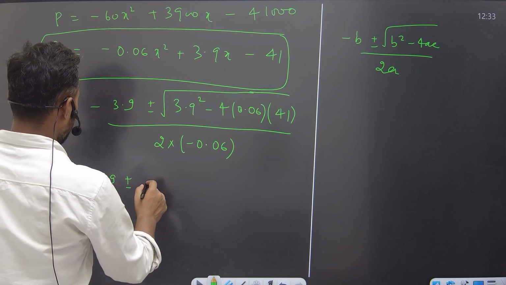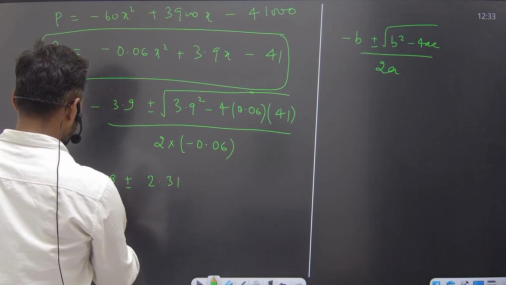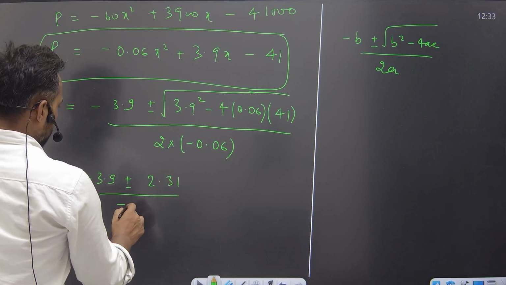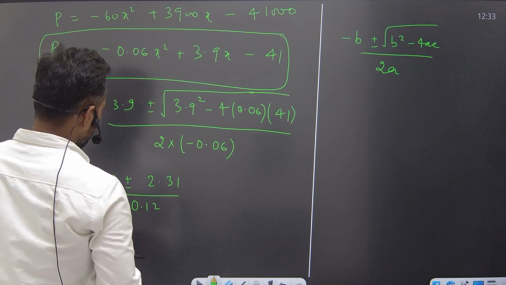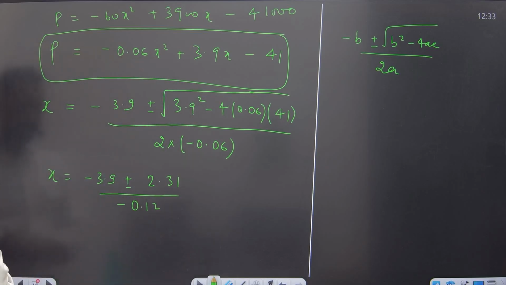So we get 2.31 upon minus 0.12. This gives the possible range of x.